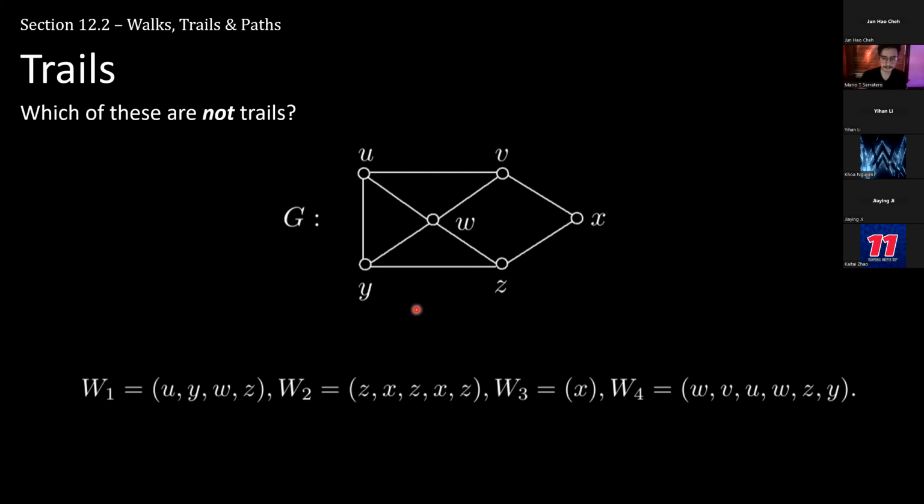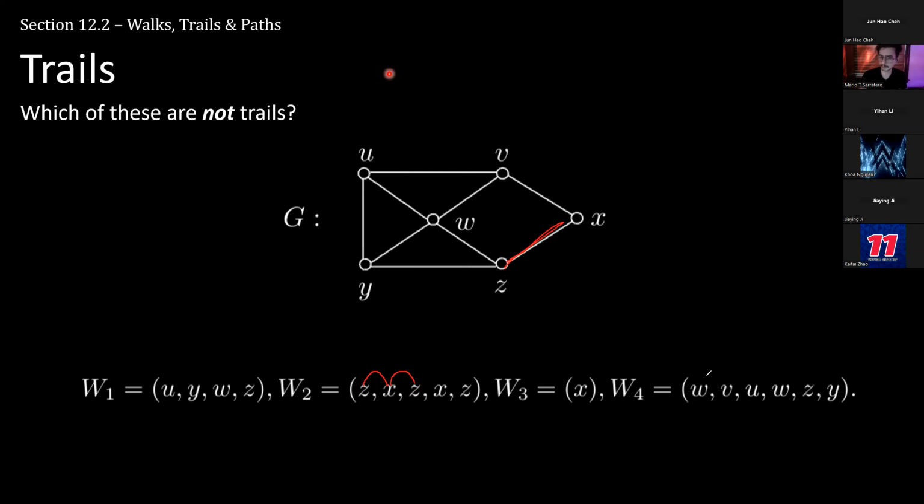Two and four. Exactly right. Yeah, 2 and 4 are not trails, right? Because from here, we do c x, and then x c. We go back.